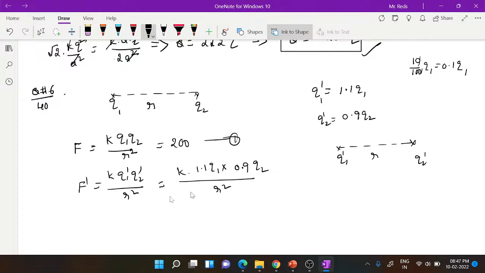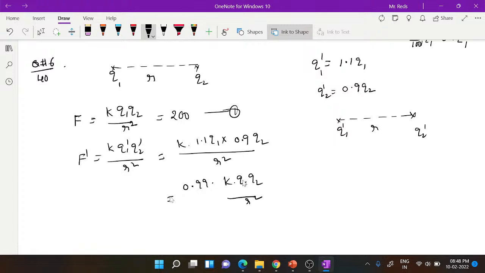R is the same. So you can also write this as 1.1 into 0.9. How much? 11 into 9 is 99, so with 2 decimals it means 0.99, into k q1 q2 by r square. So this is F dash. But k q1 q2 by r square is 200.